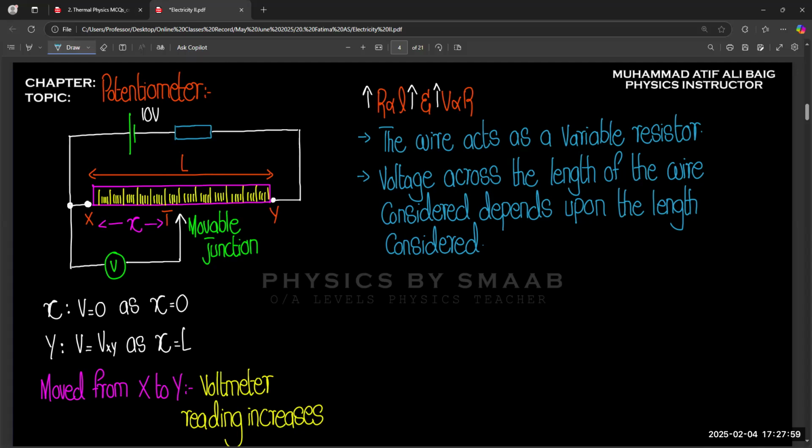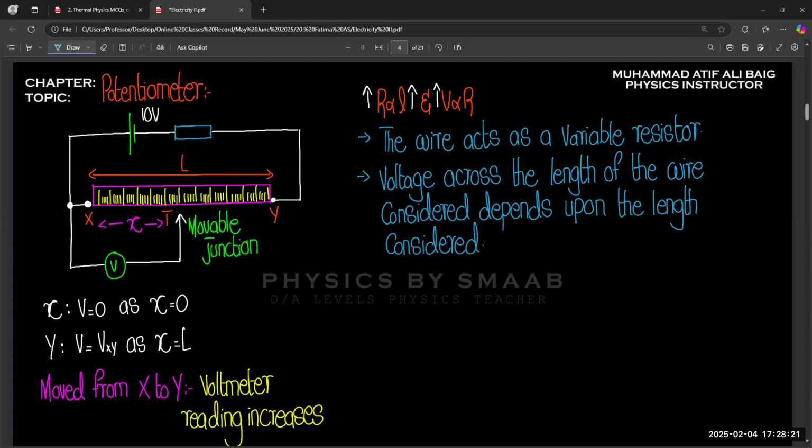And there is a wire between points X and Y. So when we place this movable junction on that wire, it will consider a specific length that we choose on the ruler. With the help of that length, it identifies the value of resistance and then gives you the voltage in the voltmeter, right?